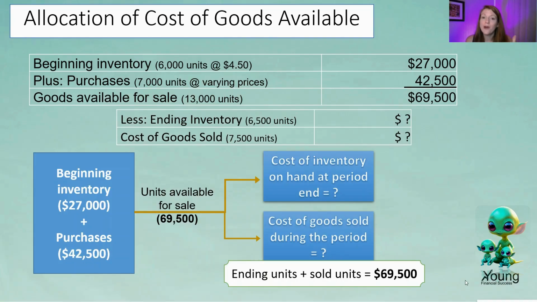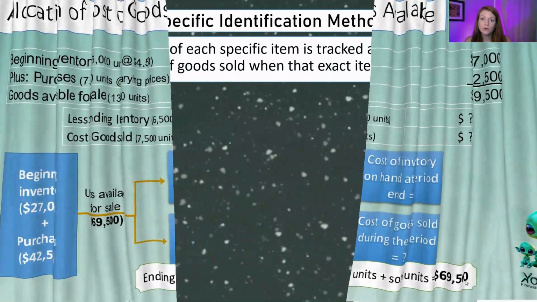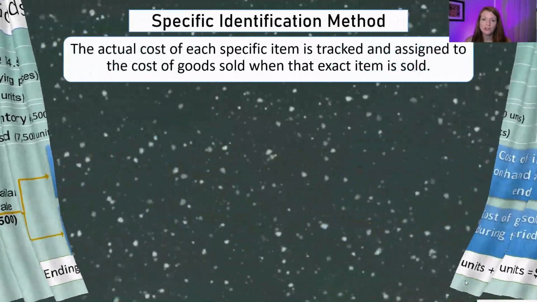Now, we don't know, because it's based on which method we use, what was the cost of the inventory on hand, the ending inventory, versus what was the cost of goods sold. And that all depends on which method we use. We know the total is $69,500 because that's how much we had available. So how much you had available is going to equal how much we have left plus what we sold. So we're going to work through how to figure out the ending inventory and the cost of goods sold.